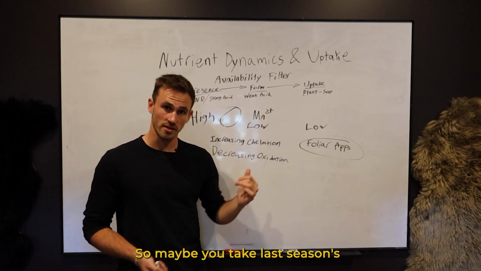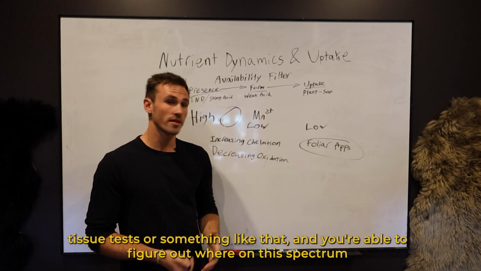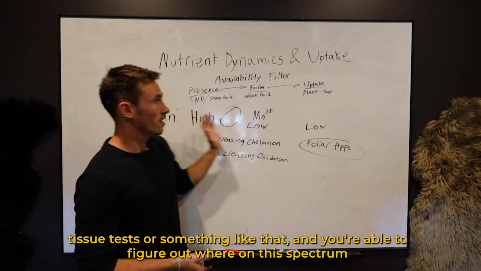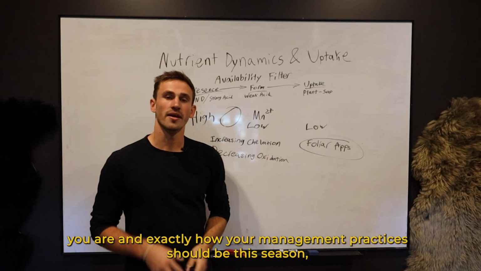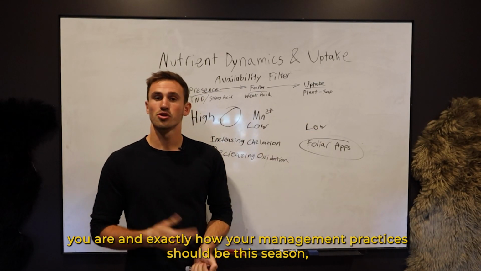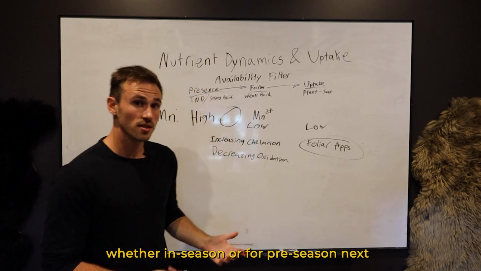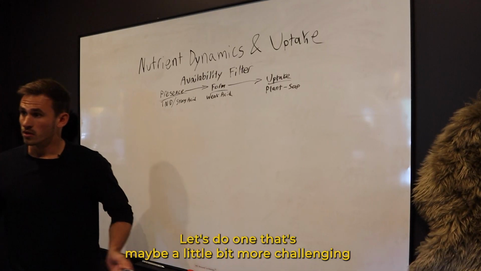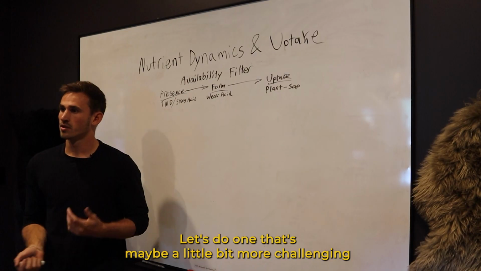So maybe you take last season's tissue tests and figure out where on this spectrum you are and exactly how your management practices should look this season, whether in season or for preseason next. Let's do one that's maybe a little bit more challenging.